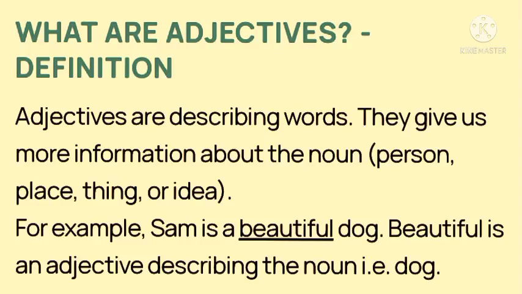Adjectives are describing words. They give us more information about the noun, that is person, place, thing or idea. For example, Sam is a beautiful dog. Here, beautiful is an adjective describing the noun, that is dog.